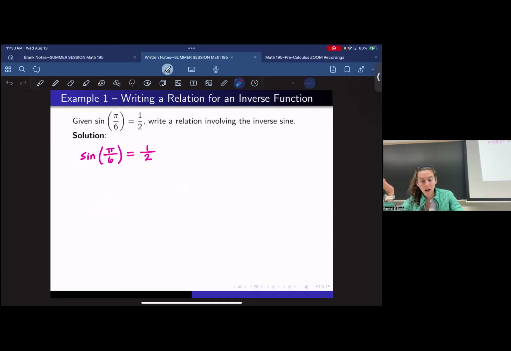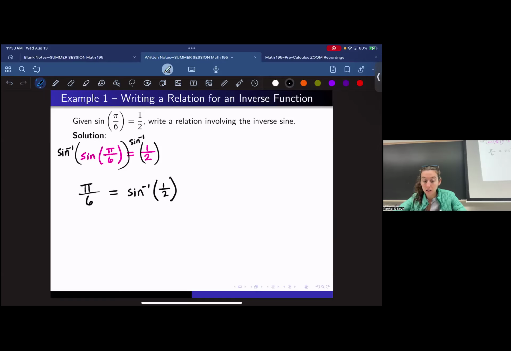But now let's apply our sine inverse. So we're going to take our inverse sine of both sides. And now we're looking at, okay, pi over 6 is equal to inverse sine of 1/2. Which kind of looks a little bit more confusing.